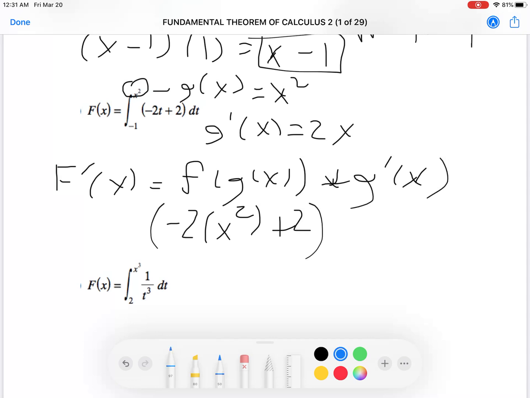So what we did here is, instead of writing negative 2t plus 2, we put in an x squared for t.